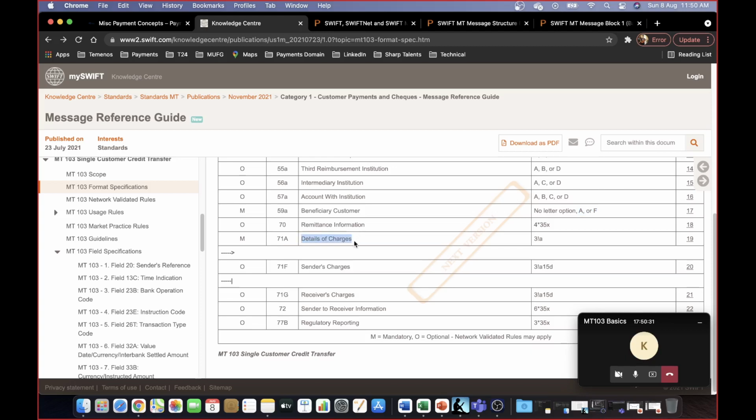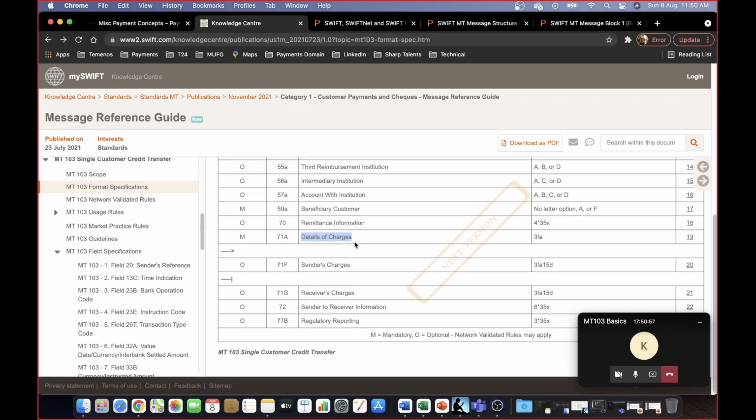I have a separate section for charges. I even wrote a post about it yesterday on the different types of charges that can be used in the MT103 message. You can refer to that, and I'll also try to correlate that post with SWIFT MT103 in particular.